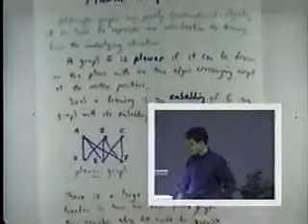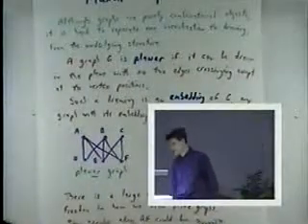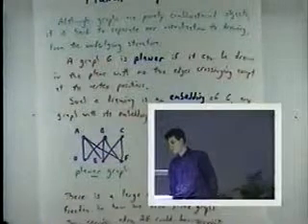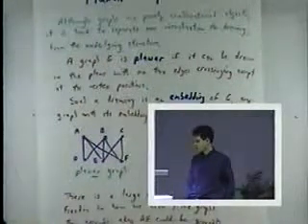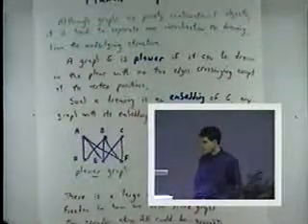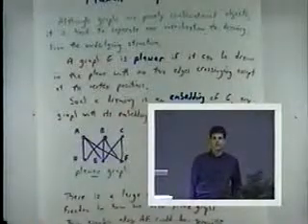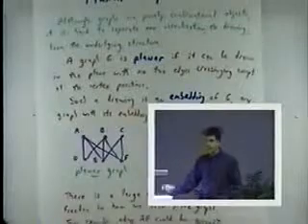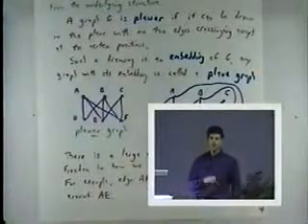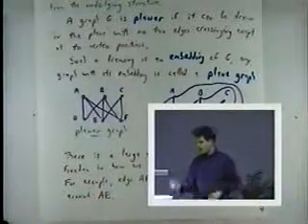He defines a graph G as planar if there's a way to draw it in the plane so that no edges cross except at the vertices. A graph is purely combinatorial, so this graph here turns out to be planar, even though it intersects, because there's another way of drawing the same graph so that it doesn't intersect.